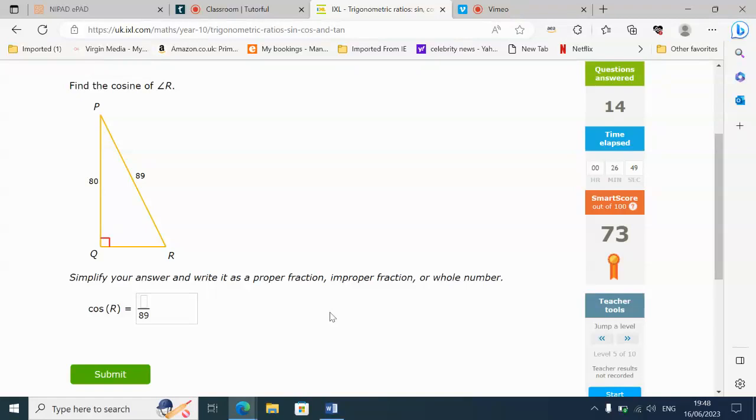So 7,921 minus 6,400 is 1,521. Did you say 1,521? Yeah. And the square root of that number is 39. Okay, and can we simplify this?